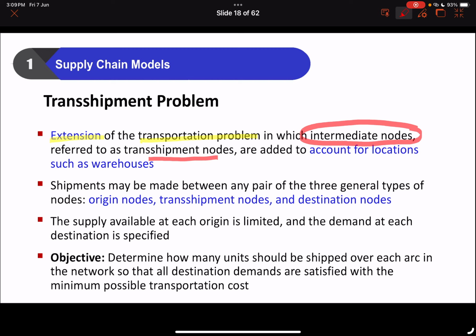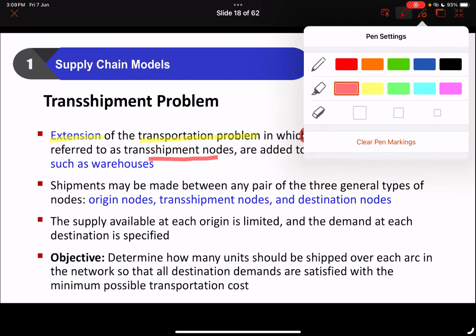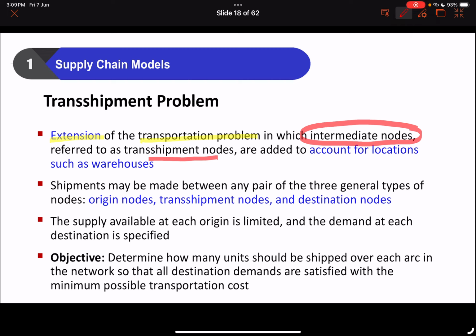So shipments may be made between any pair of the 3 general types of nodes. We have the origins, the transshipment nodes, and the destinations. So here we have the origin, transshipment, and your destination nodes. So you have 1, 2, 3.